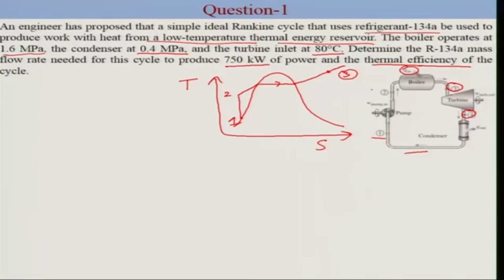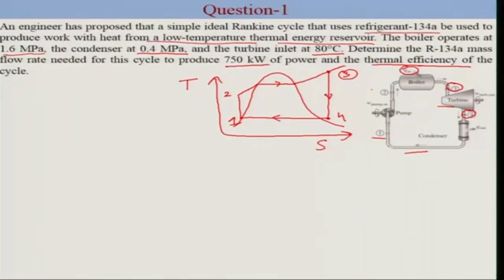Now further it is isentropically expanded in turbine. So it will come from 3 to the state 4 and finally from the state 4 to state 1, because it loses its heat to the surrounding and comes back into the saturated liquid state.